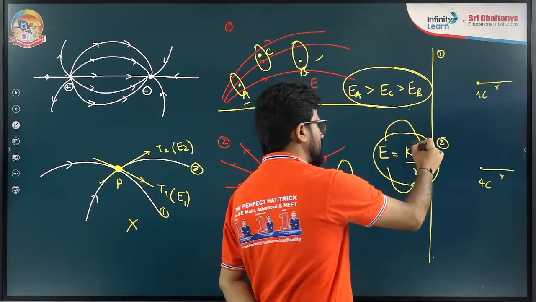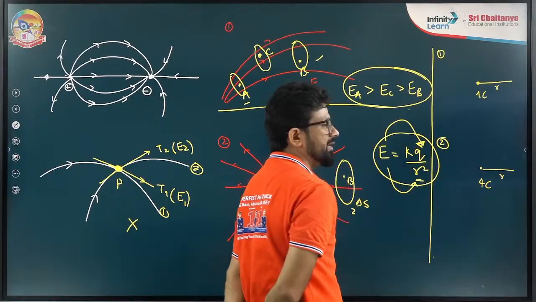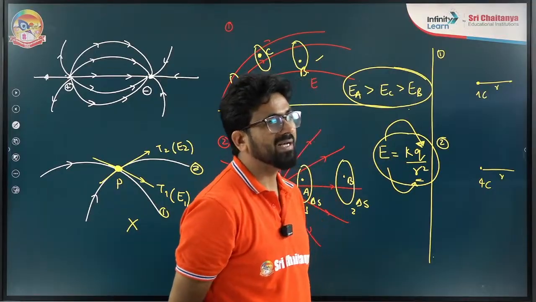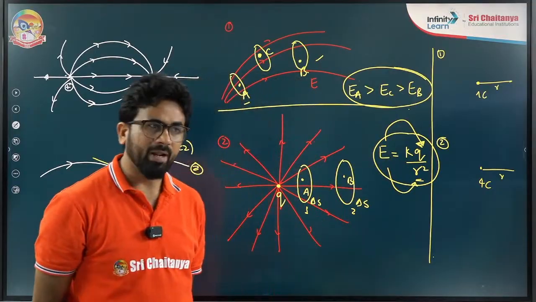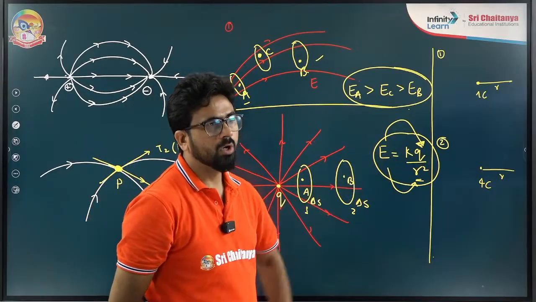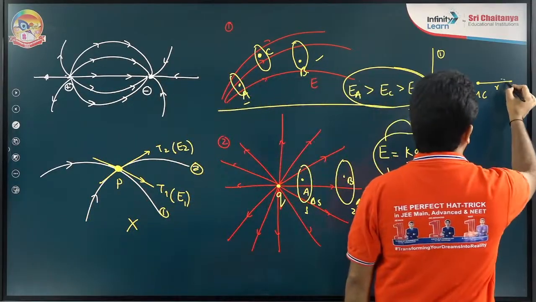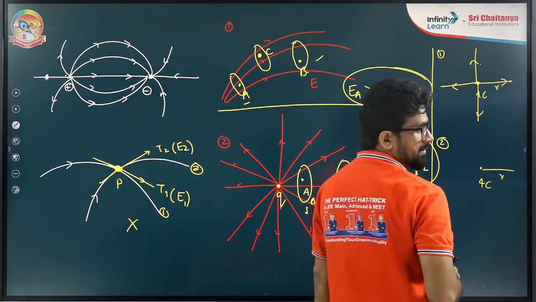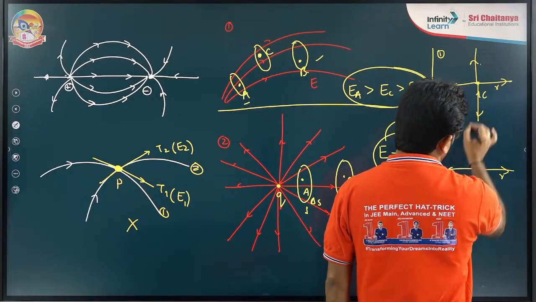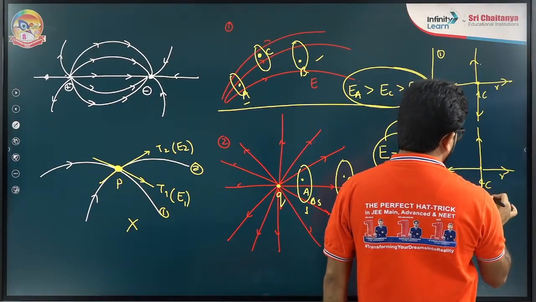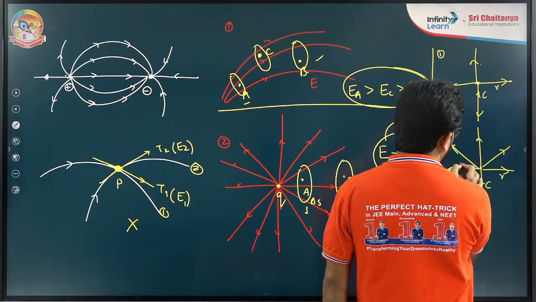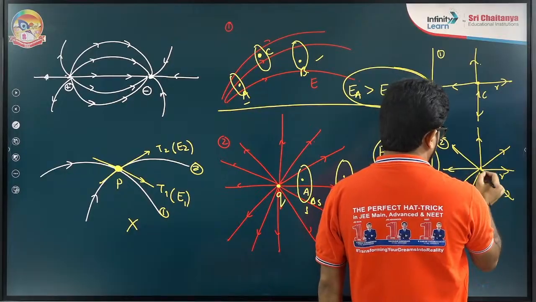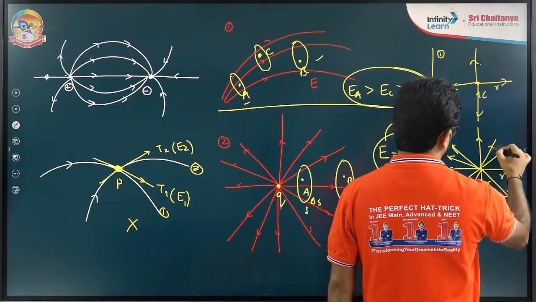If q becomes 4 times, then field also becomes 4 times, that means the number of field lines would also be 4 times. If there are only 4 lines coming out here, I have to draw 4 times the field lines. How many? 4 times means 16 field lines I have to draw. These are only 8. Now I am drawing 16.